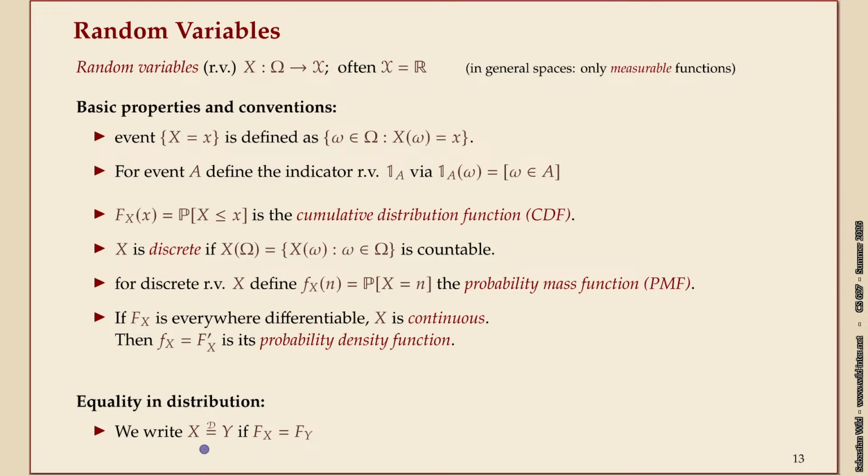And a slightly non-standard piece of notation is this equals with a d above it, which I'll use to denote that the two random variables on the sides of the equality have the same distribution. Formally, it just means that their CDFs are the same. There are many ways people use notation for the same thing. I think it turns out to be very convenient if you combine random variables.